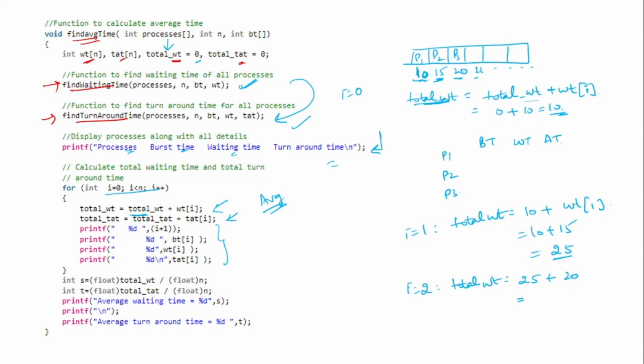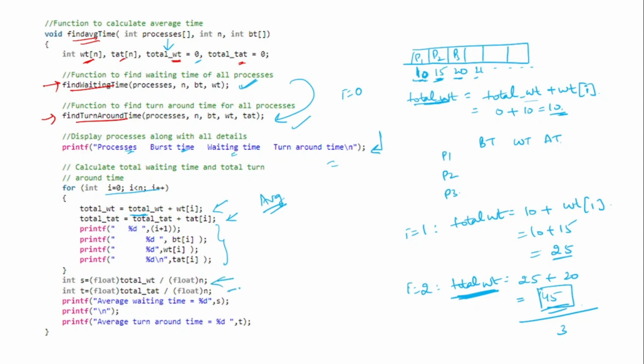So that's how the entire loop will go on, and I will get the final waiting time in this total WT. Let's say the final waiting time is 45. So total waiting time is 45. I would divide it by the number of processes, let's say 3 here.